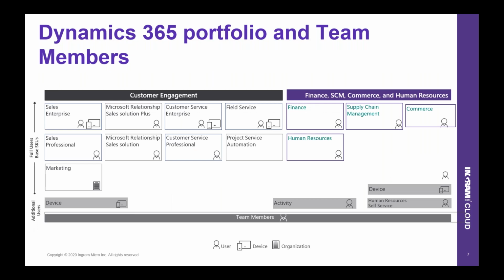So let's talk about the Dynamics 365 portfolio. Under this new SKU placement, as you can see, under the customer engagement and unified operations modules, we have the full users and the additional users, where the devices, activity, and team member license will fall in, which I would also call light users.